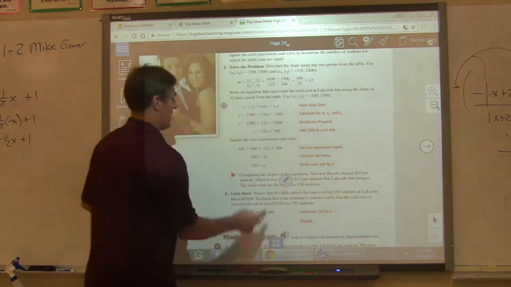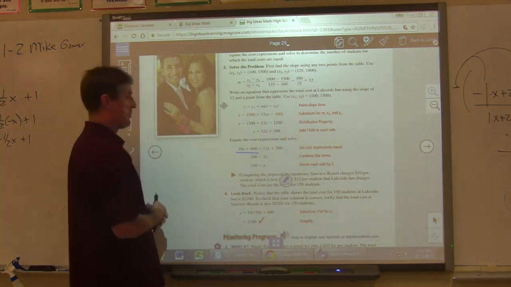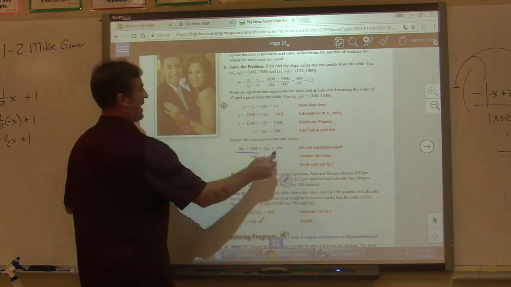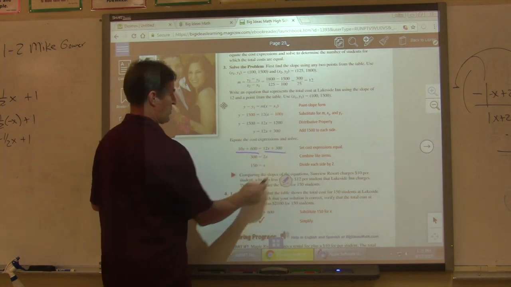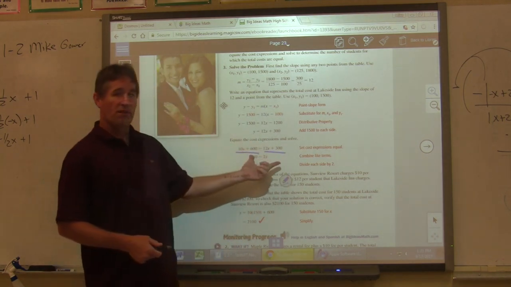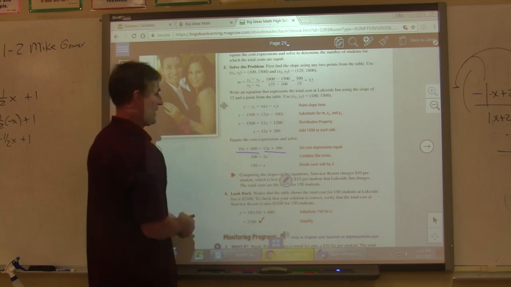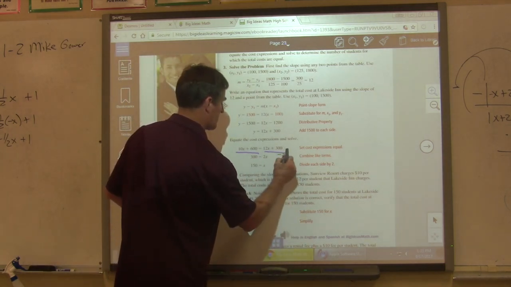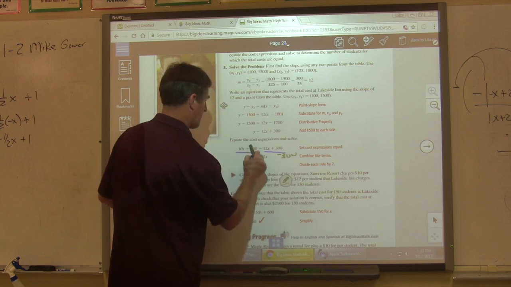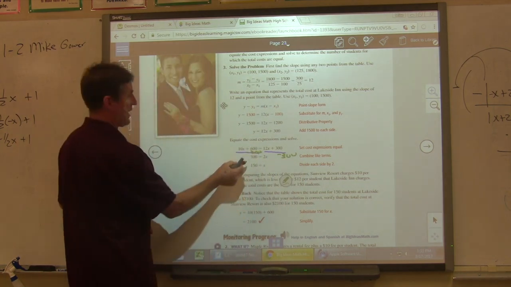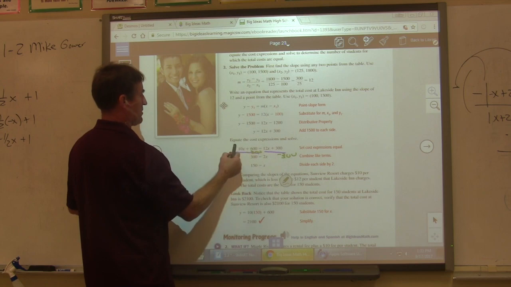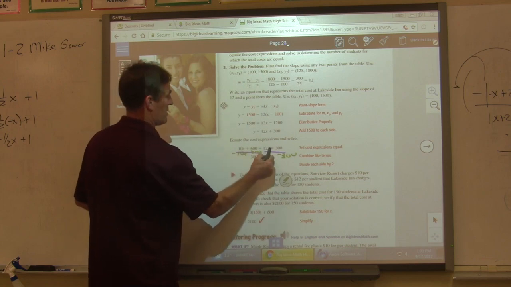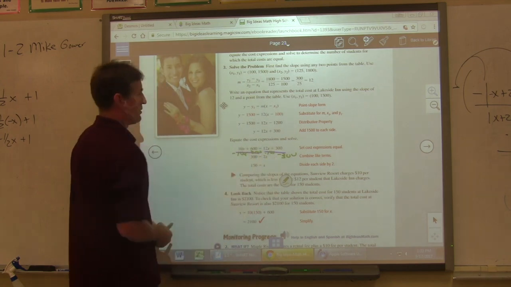So they took the equation for the one company, which was 10x plus 600, and then they took the equation for the next one, and they solved this. On this, what they did is they subtracted 300 from both sides, and they subtracted the 10x from both sides. And they got 300 equals 2x.